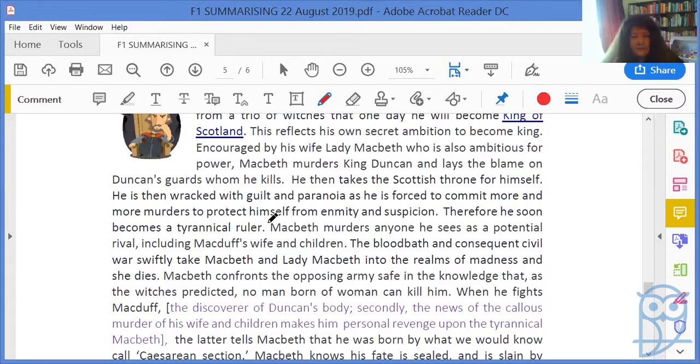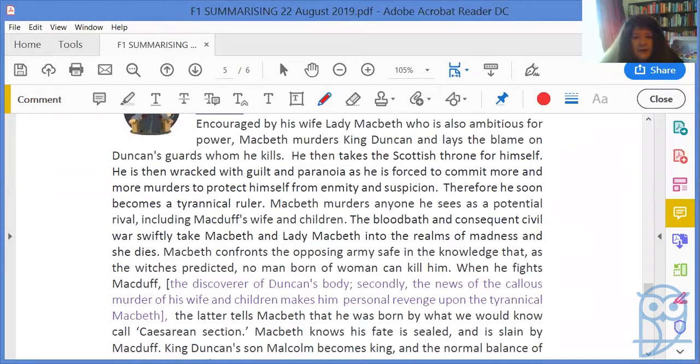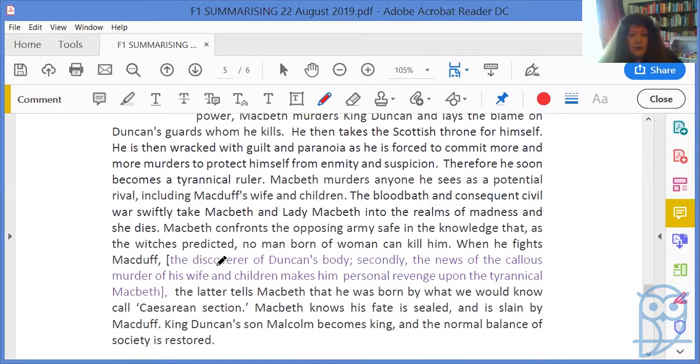He was a tyrant. And Macbeth murders anyone he sees as a potential rival, including Macduff's wife and children. The bloodbath and consequent civil war swiftly take Macbeth and Lady Macbeth into the realms of madness, and she dies. They go mad from all the killing. They can't take it. Macbeth confronts the opposing army, safe in the knowledge that, as the witches predicted, no man born of woman can kill him.